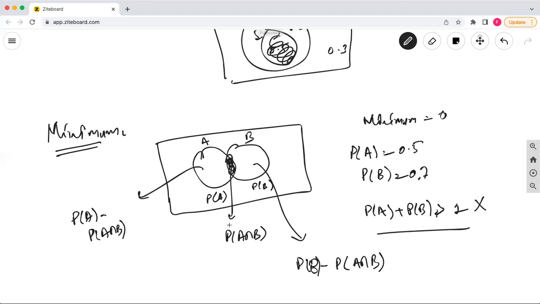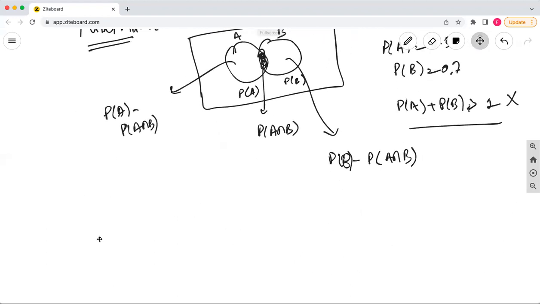And if we have only 2 events, consider the probability of A or B as 1, and only in that scenario can we minimize the overlap. So how can we minimize the overlap now? What is the probability of A or B in this scenario?